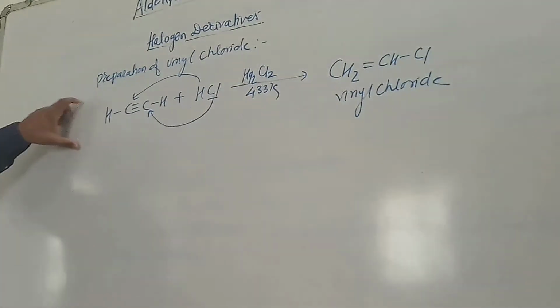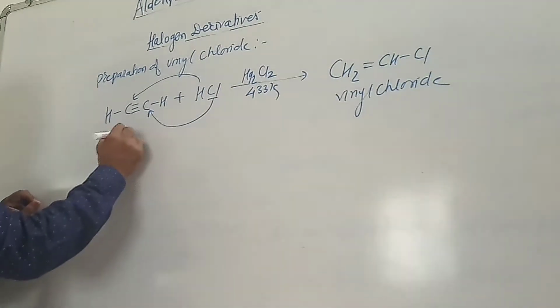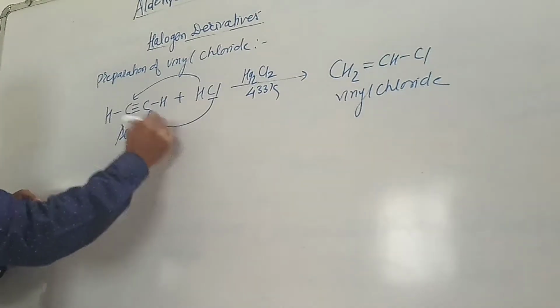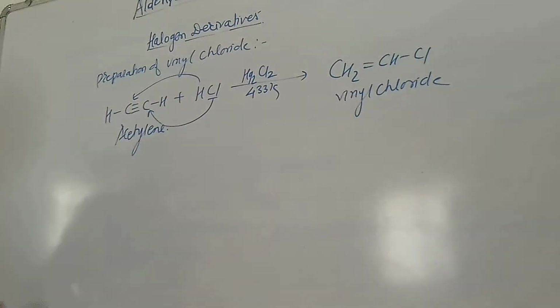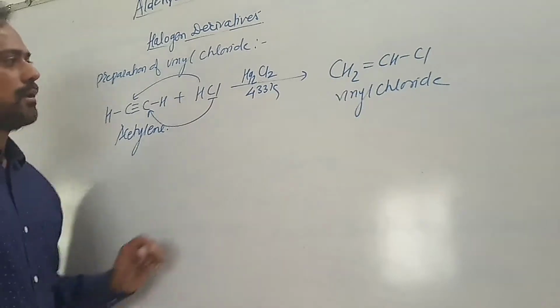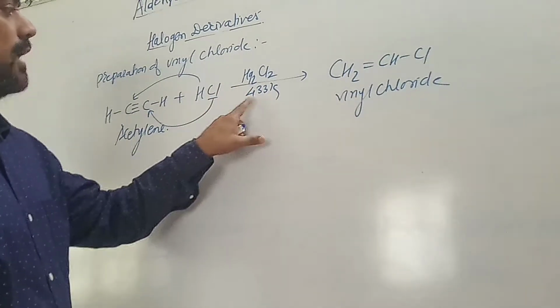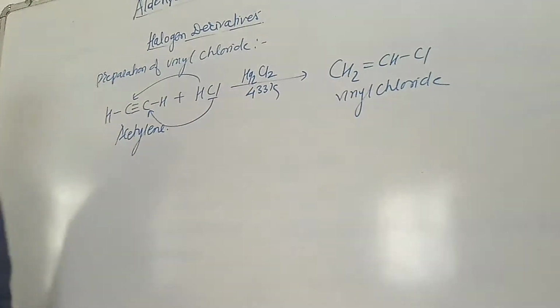This is the preparation of vinyl chloride from acetylene by addition of hydrogen chloride in the presence of Hg2Cl2 at 433 K.